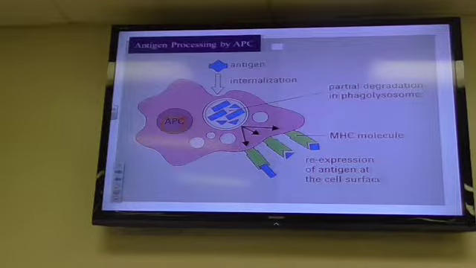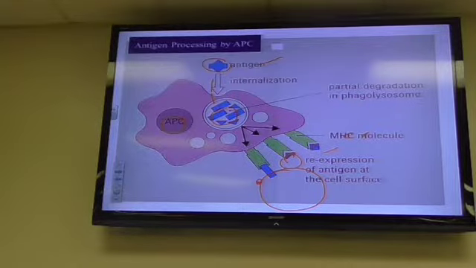Think that the antigen, it could be a virus or bacteria or anything, is phagocytosed, broken down into small peptides, and then these peptides are presented on the surface of this antigen-presenting cell in conjunction with this MHC molecule. So these are in turn recognized by the T lymphocyte with its T cell receptor, which we'll talk about.